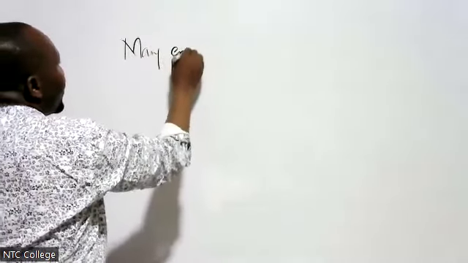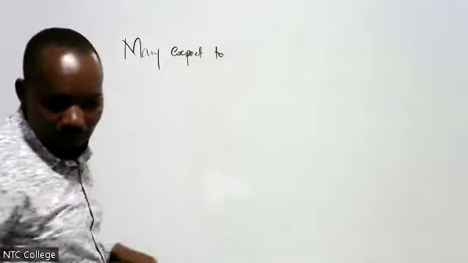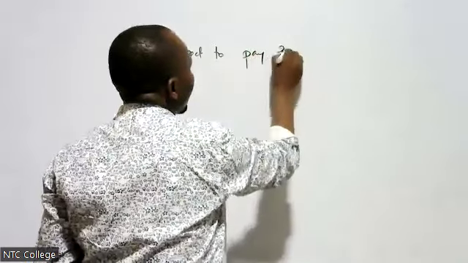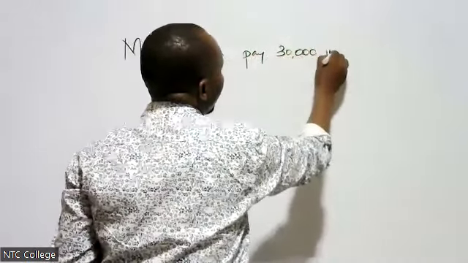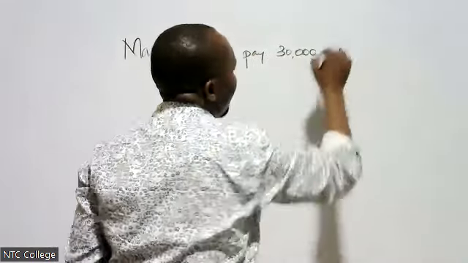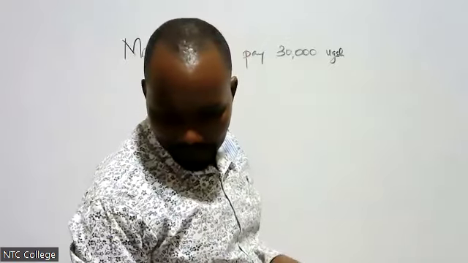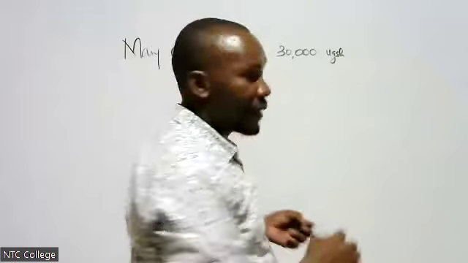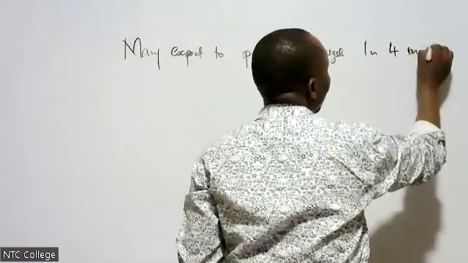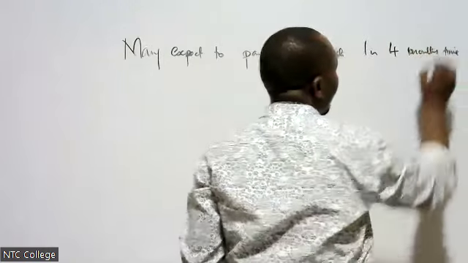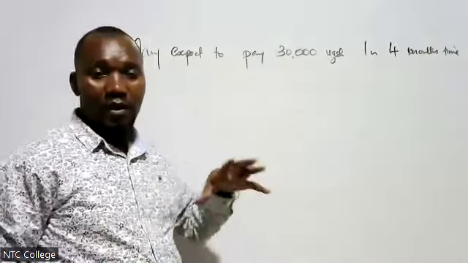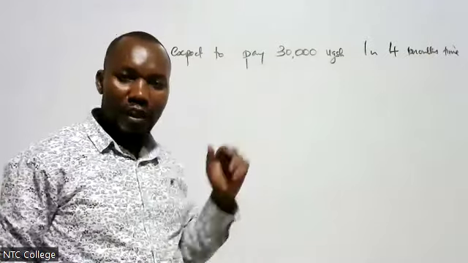Mary expects to pay 30,000 Ugandan shillings in 4 months' time. So Mary is going to pay somebody this amount 4 months from now. Hiyo ni around mwezi wa nane from today.